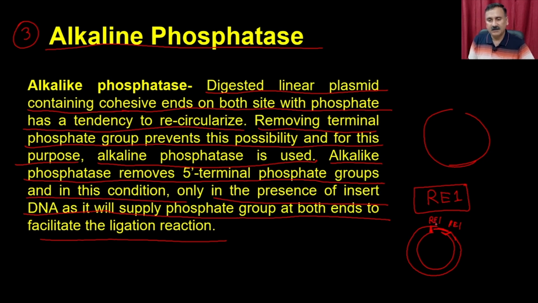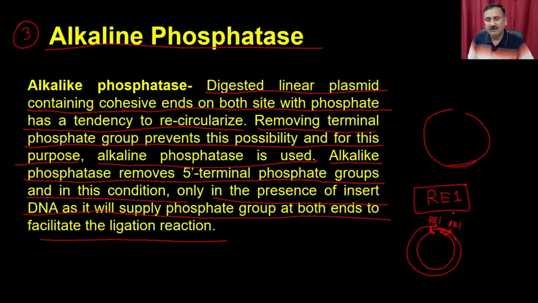Because this guy has a phosphate and this guy has a phosphate, this guy has a hydroxyl group, this guy has a hydroxyl group, so they will have compatibility with each other, and that's why they will recircularize. If you have RE1 versus RE2, in that case this particular sequence and this particular sequence will not be identical, so they will not have the affinity for each other.